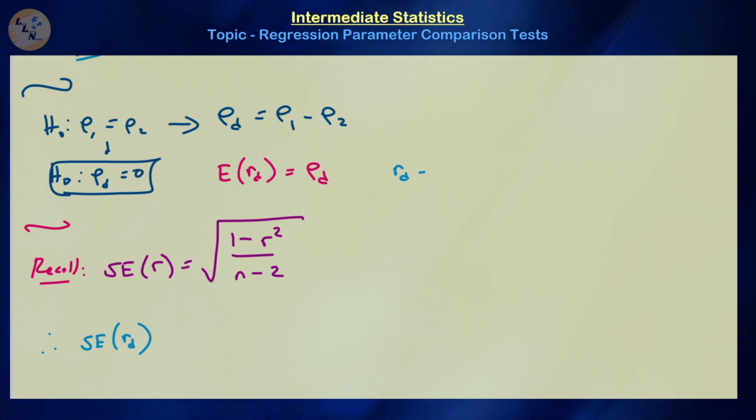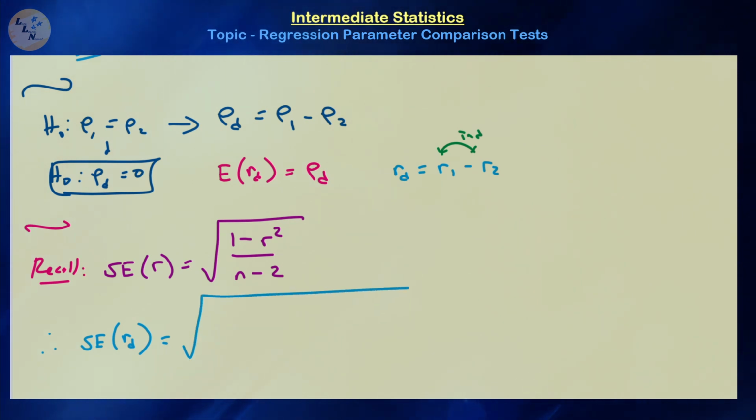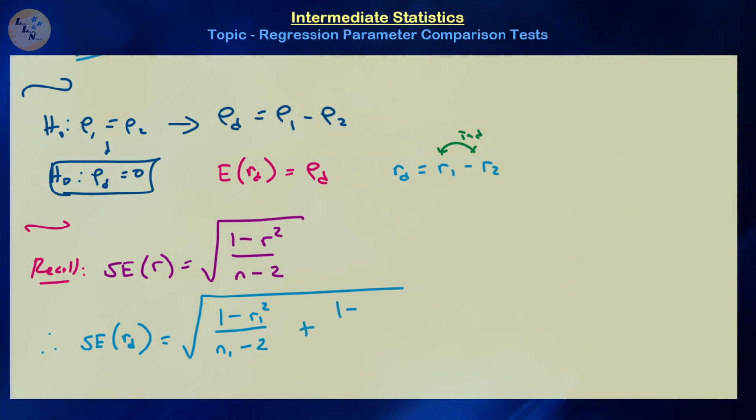So remember, rd is going to be equal to r1 minus r2, and again, let's assume that these two are independent of one another. So that's going to be equal to the square root of 1 minus r1 squared all over n1 minus 2, plus 1 minus r2 squared all over n2 minus 2.